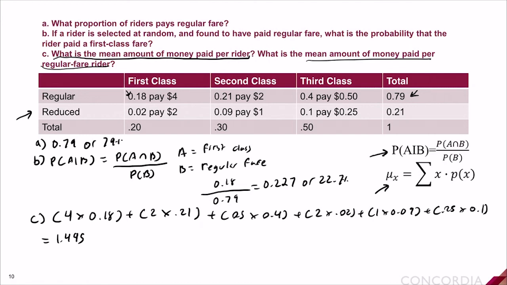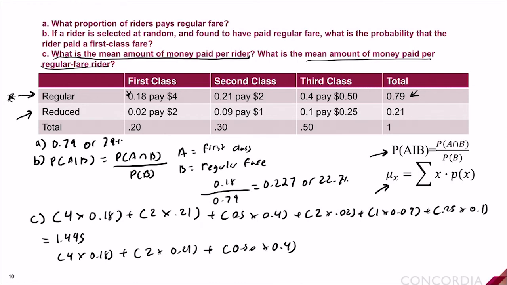And now we can move on to the second part, which is asking us for the mean for the regular fare riders, which would be almost exactly the same, except we're only going to use the regular fares, which would be 4 multiplied by 0.18 plus 2 multiplied by 0.21 plus 50 cents multiplied by 0.4.